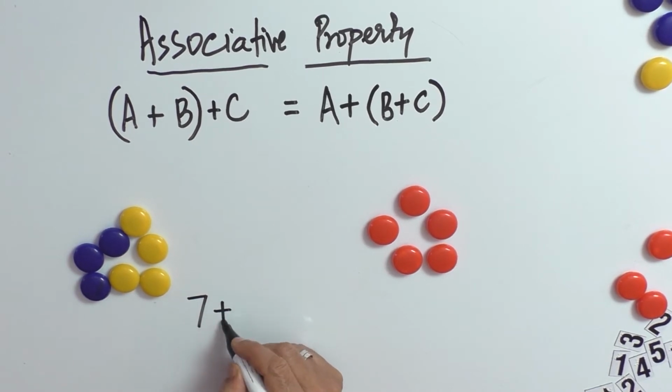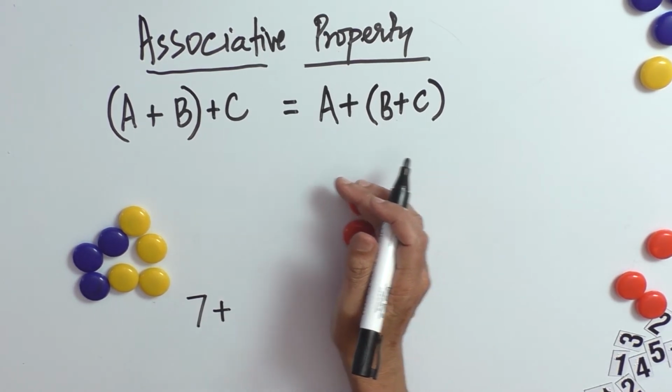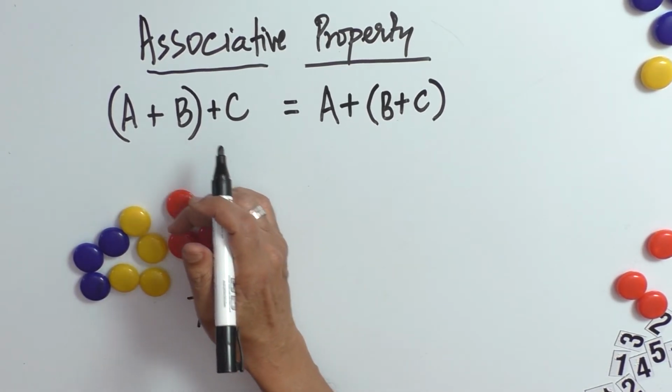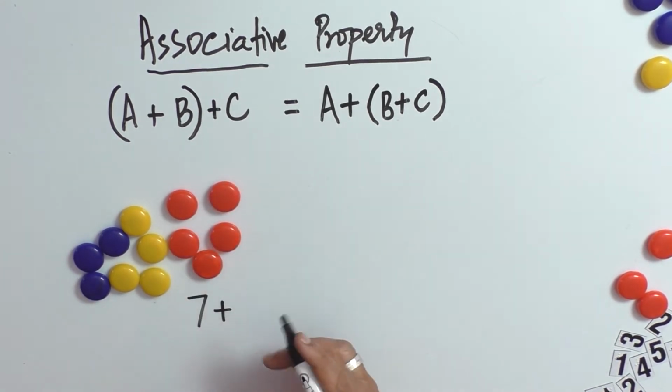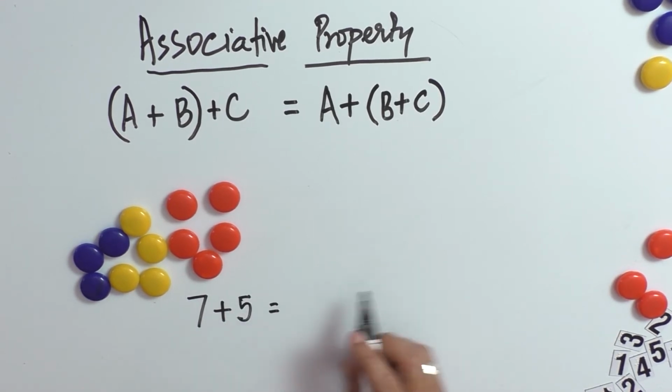Now we have to add it with C. What we have done, C is 5. Now we have added that with the value of A plus B. That is, we have added 5 to the existing 7.